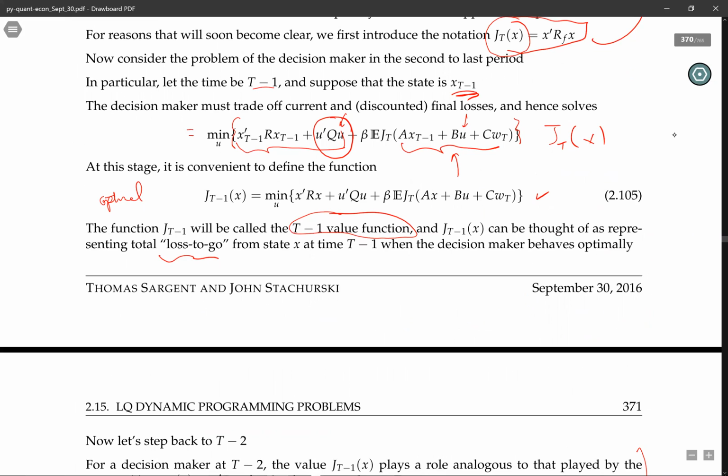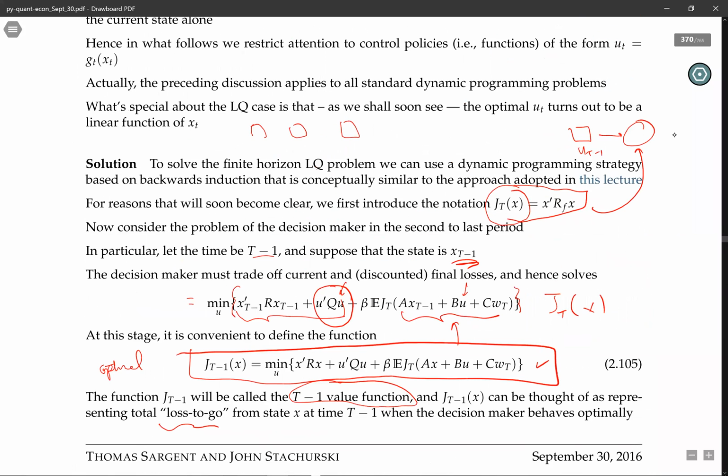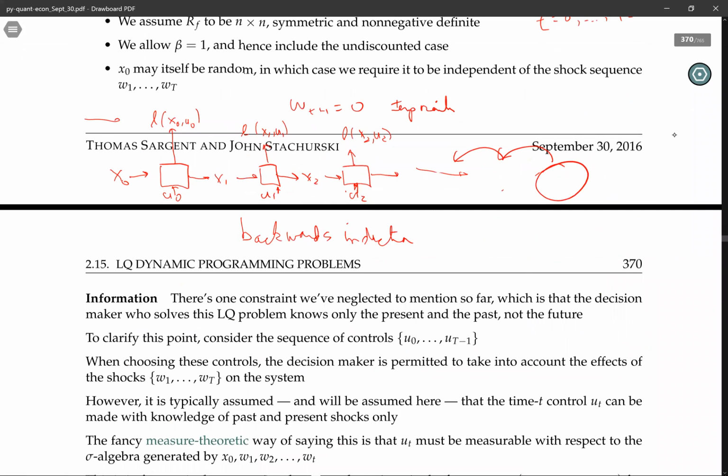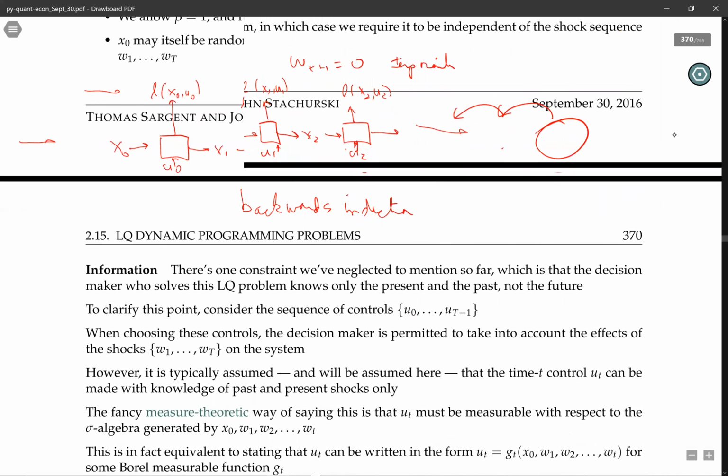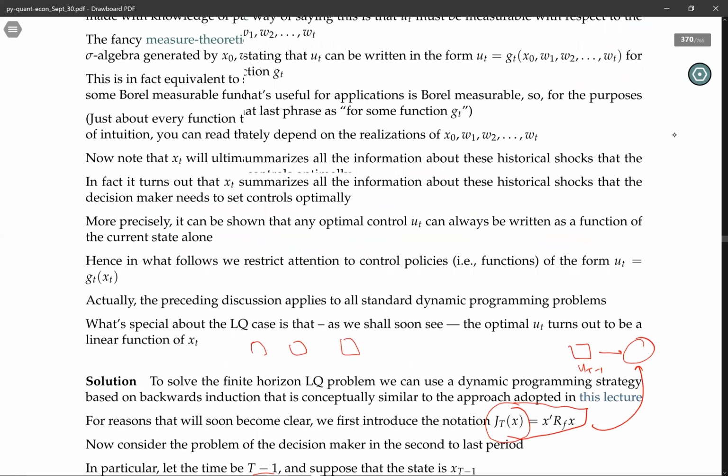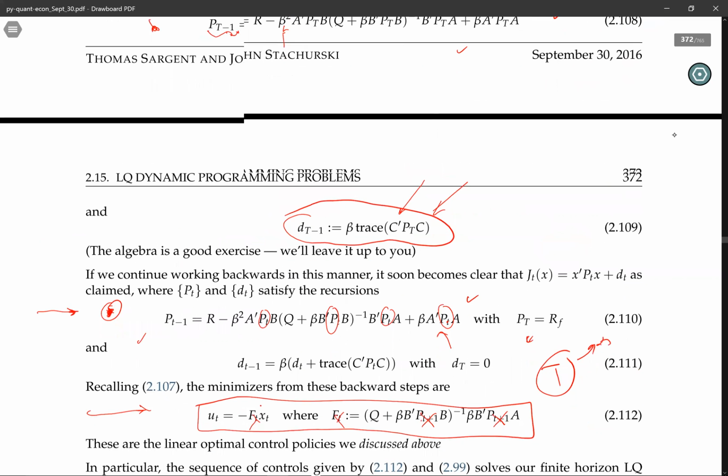We saw various versions where we did backward induction. My little picture about this flow that was going in this direction allowed us, because the system was moving forward in this way, to use backward induction.